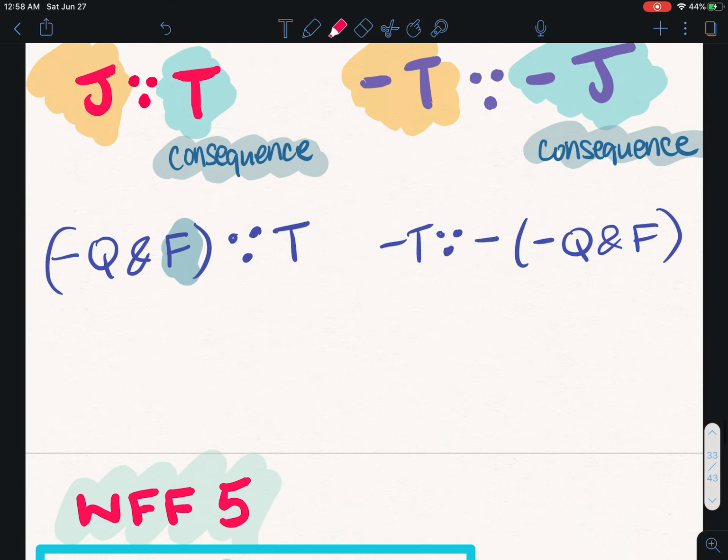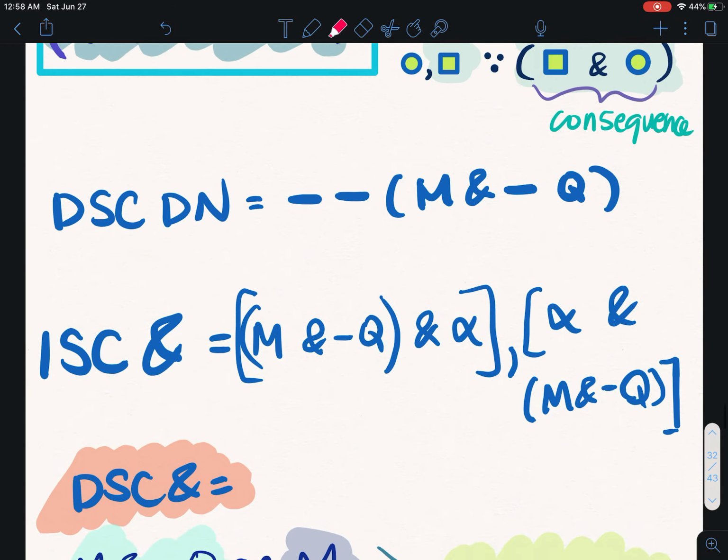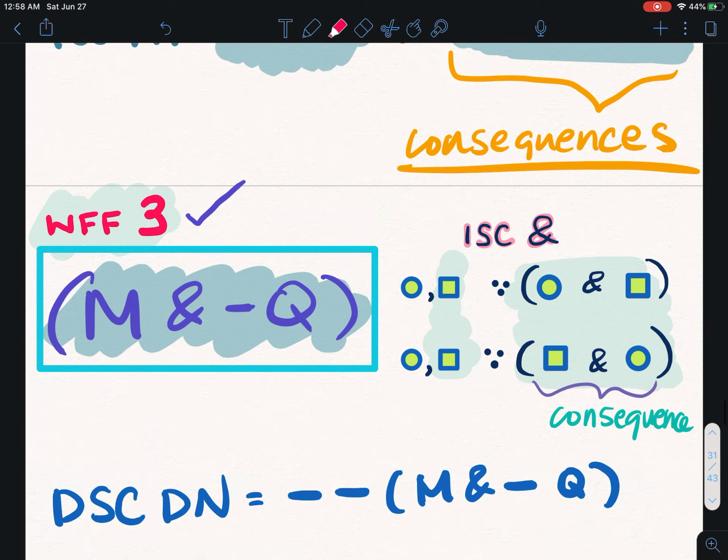Wolf 4 doesn't have M. Wolf 5 has M. So right now we just need to focus on wolf 5 and wolf 3. But then it says it's based on a direct. So we need to find the ones that are on the left side. We need to find something that is on the left and the right of the therefores.